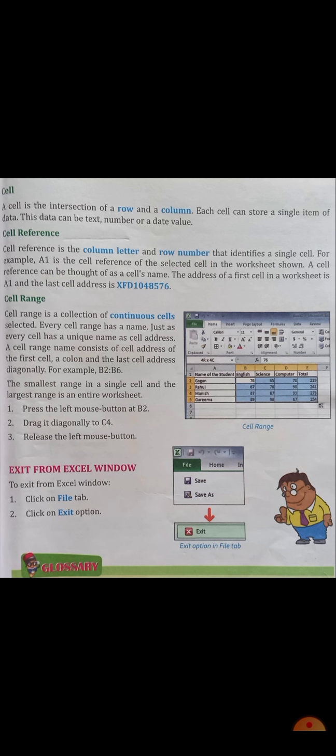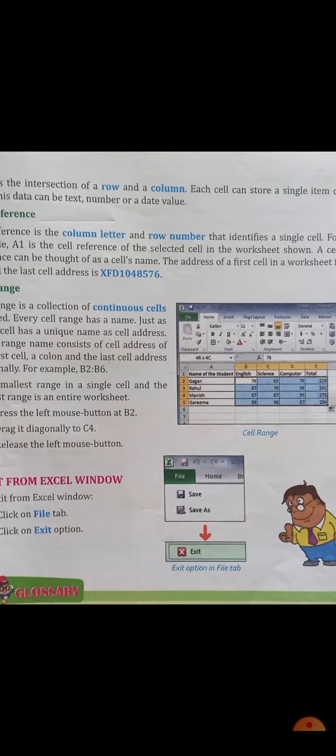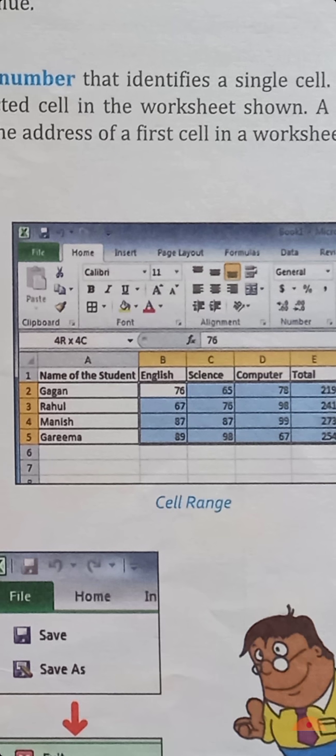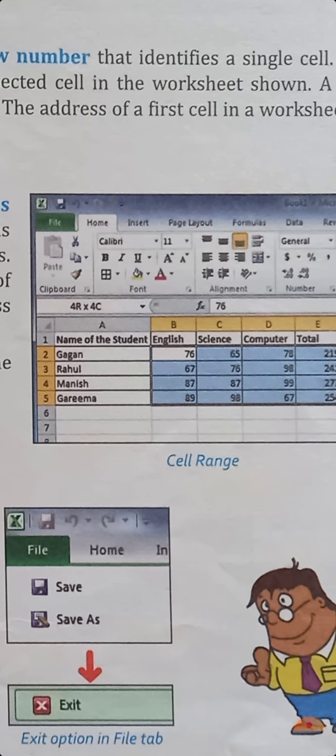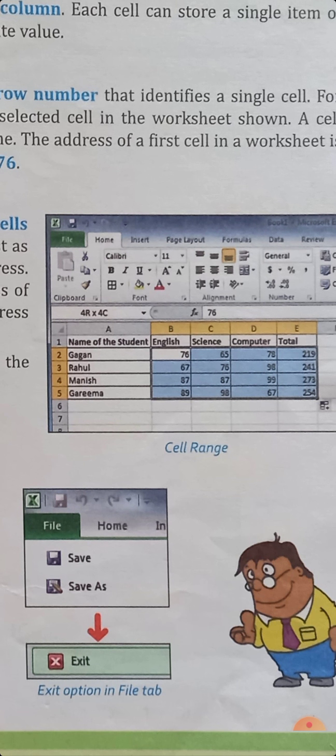All the cells selected from B2 to B6 are your cell range. You can see in this picture that all the yellowish cells are the continuous cells selected, and this is the cell range.